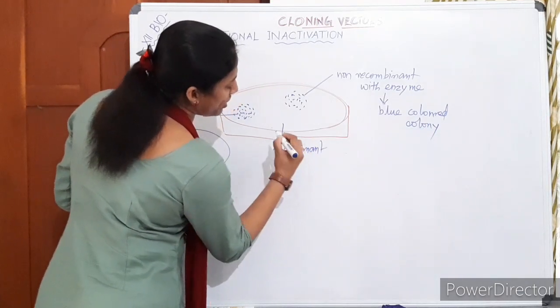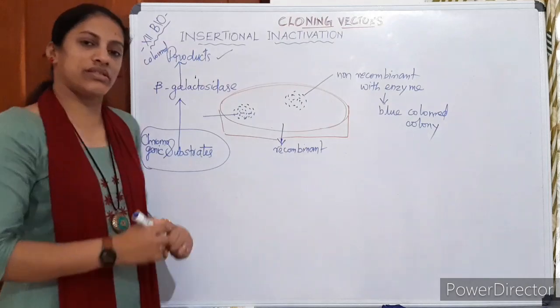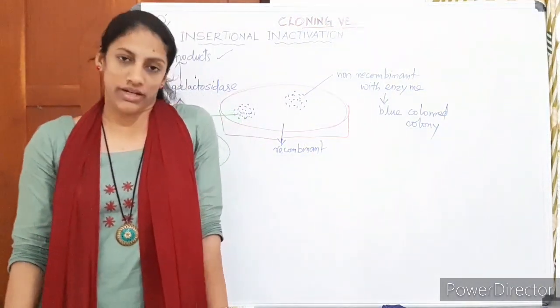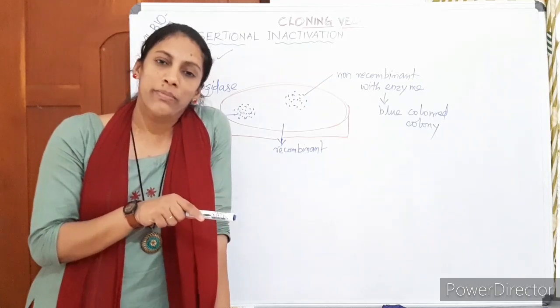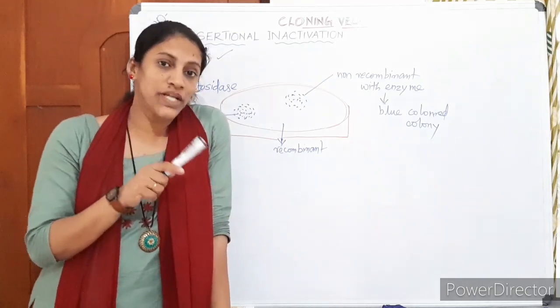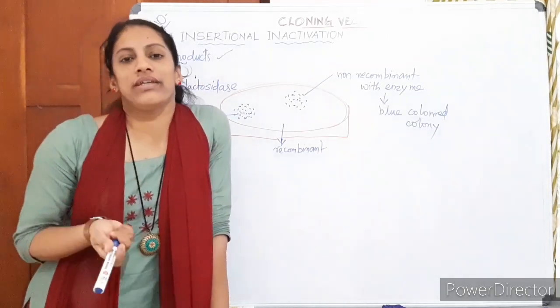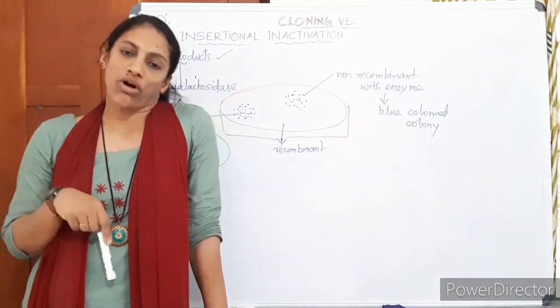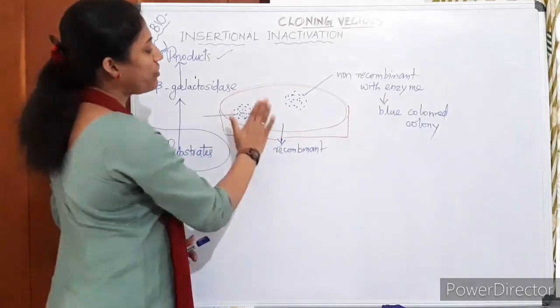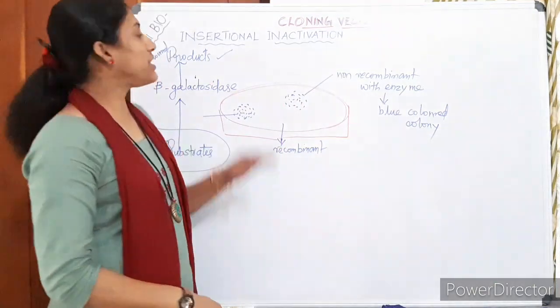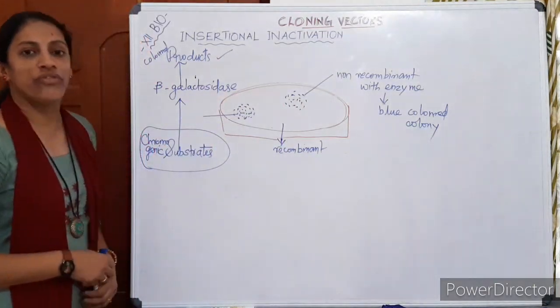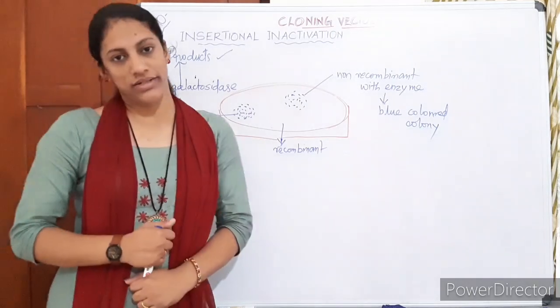Throughout the medium there will be recombinant ones producing white colored colonies. So the blue colored colonies will be produced by the non-recombinants. White colored will be produced by the recombinants. We require only the white colored bacteria for the further step. And this is the easy method of selectable markers.